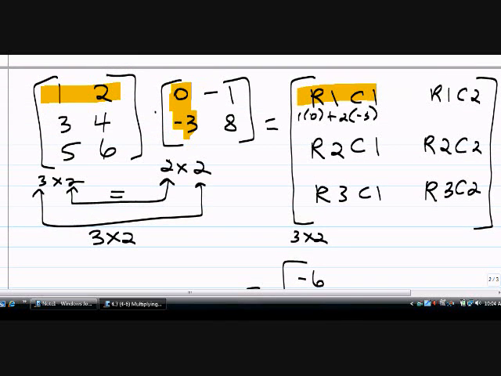Okay. In the second column of row 1, it's 1 times -1 plus 2 times 8, better known as 15.